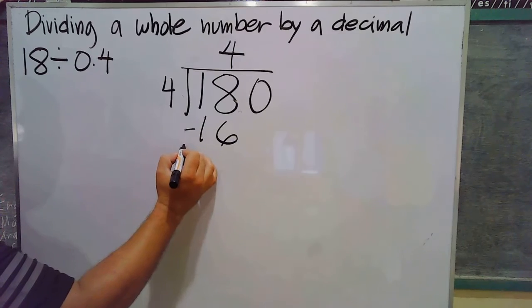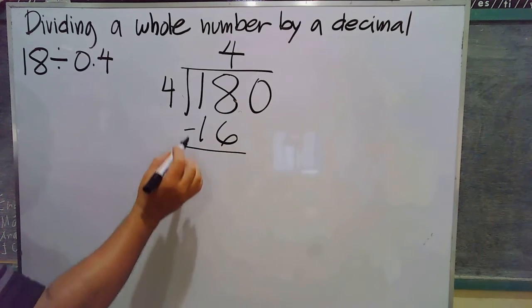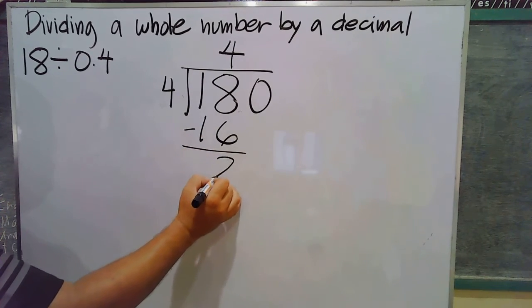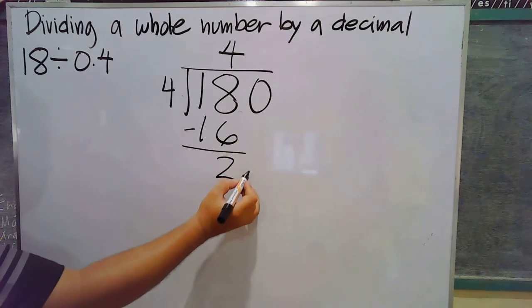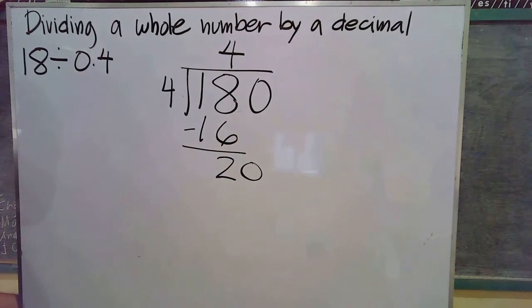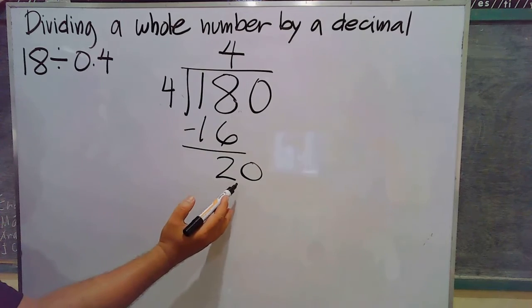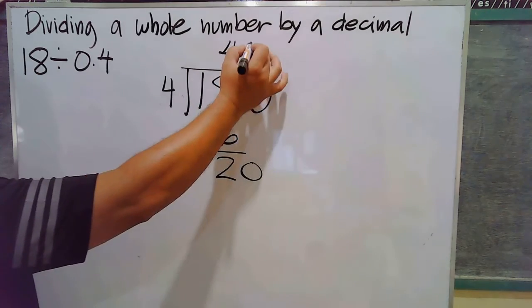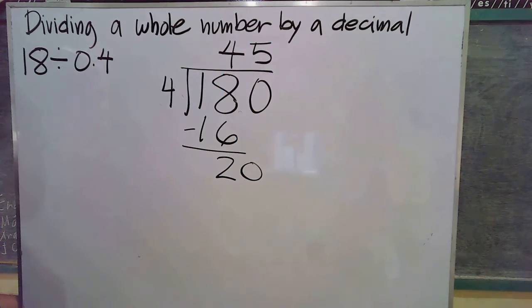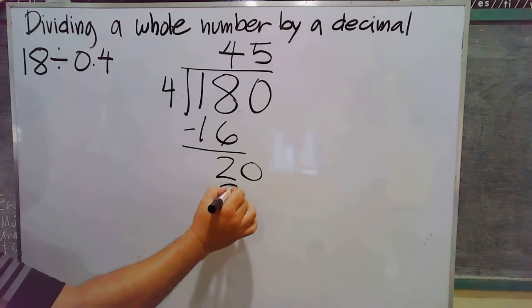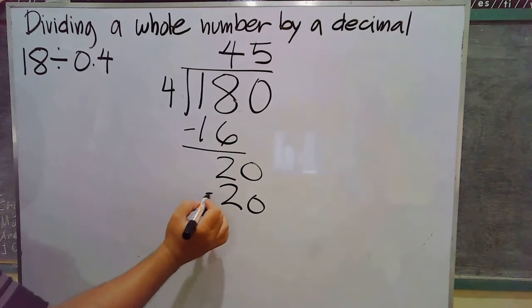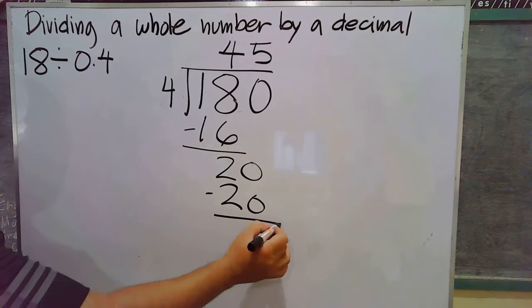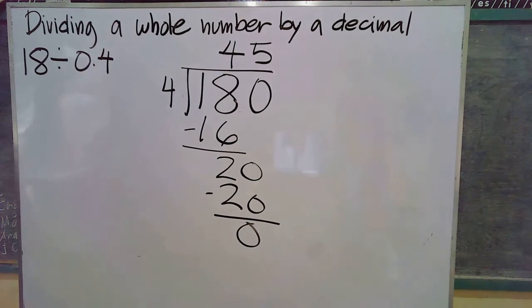Let's subtract: 18 minus 16 is 2. Bring down 0, so we have 20. Now 20 divided by 4 is 5. 5 times 4 is 20. 20 minus 20 is 0. So our answer is 45.